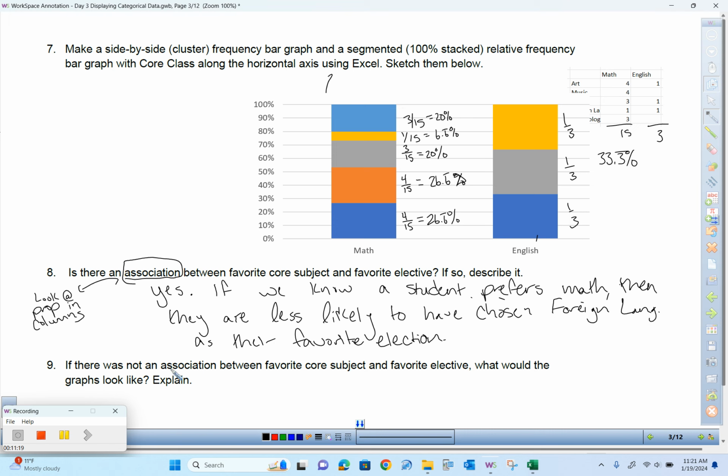If there was not an association, what would the graphs look like? So each column, or each bar, would have the same proportion within it.